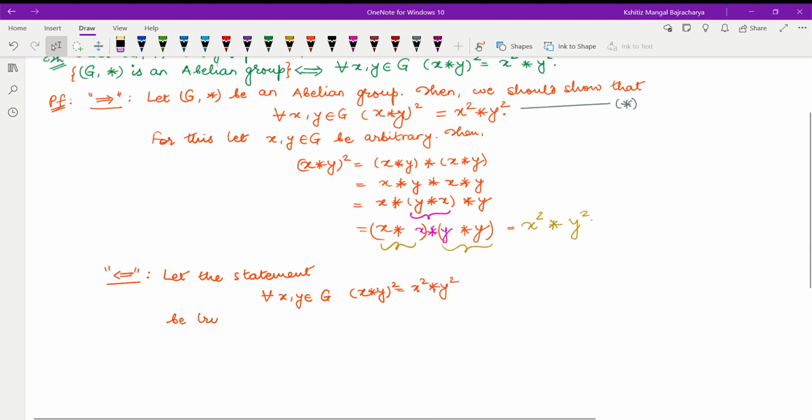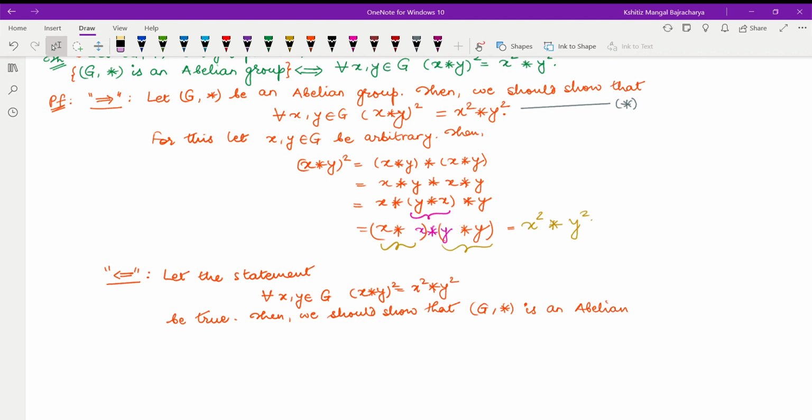Then we should show that G star is an abelian group, which means, as per the definition, we should show that for all a, b belonging to G, we have a star b equals b star a.